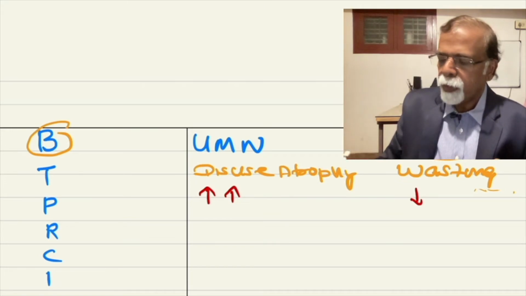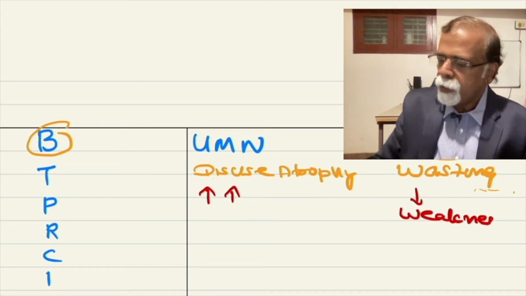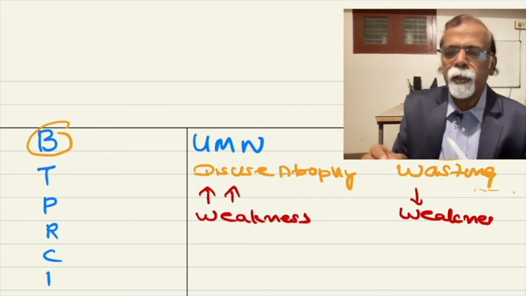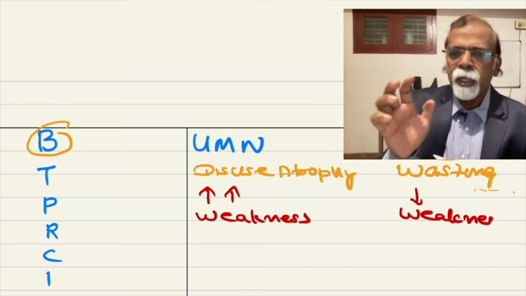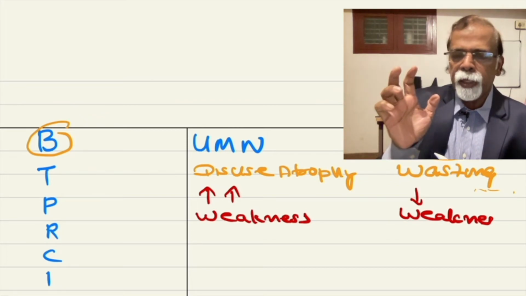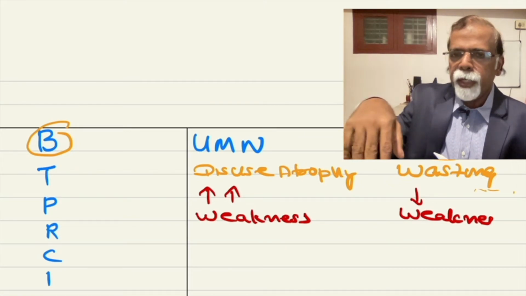Then comes the power. There is weakness of muscles. Weakness is present in LMN, and in UMN also there is weakness, but the weakness has some differences. For example, ulnar nerve paralysis is an example of a lower motor neuron lesion. You get weakness of the muscles supplied by that nerve. You get a claw hand. Suppose you have a wrist drop, the muscles supplied by that nerve are lost.